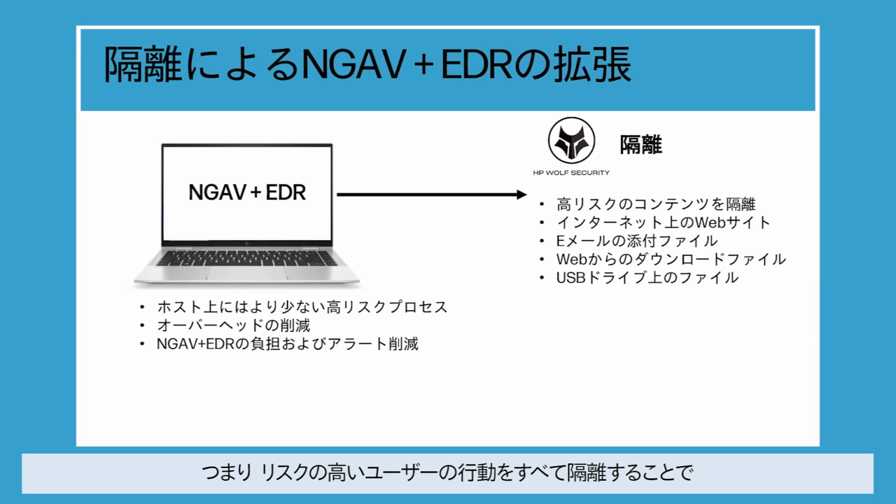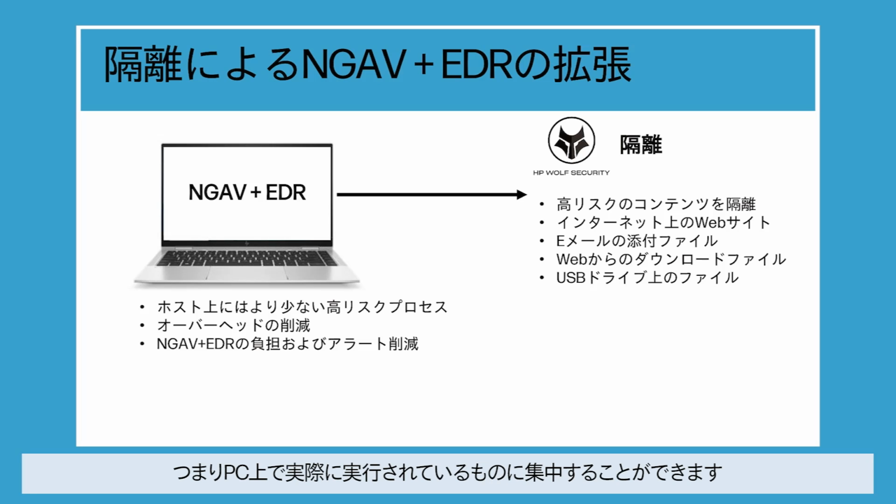So by isolating all of the high-risk user activity, we allow your NGAV and EDR tools to focus on the things that are most important, the things that are actually running on the PC. And by getting the high-risk content off your PC and into a container, we reduce the noise and make your existing tools more effective and make your users much more secure.